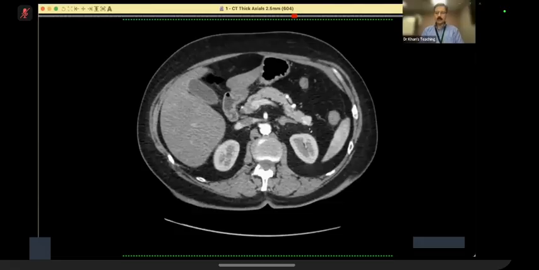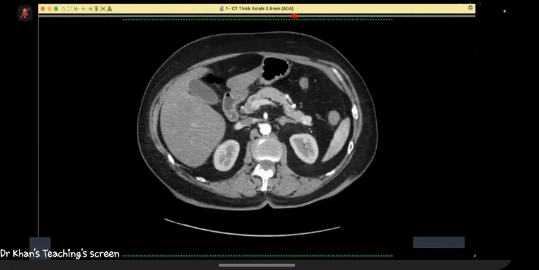So this patient also might benefit from an octreotide scan for further confirmation of this lesion. Technetium indium 111 octreotide scan for further delineation of the lesion, and to see if there is any other metastatic lesion within the liver not seen on the CT.